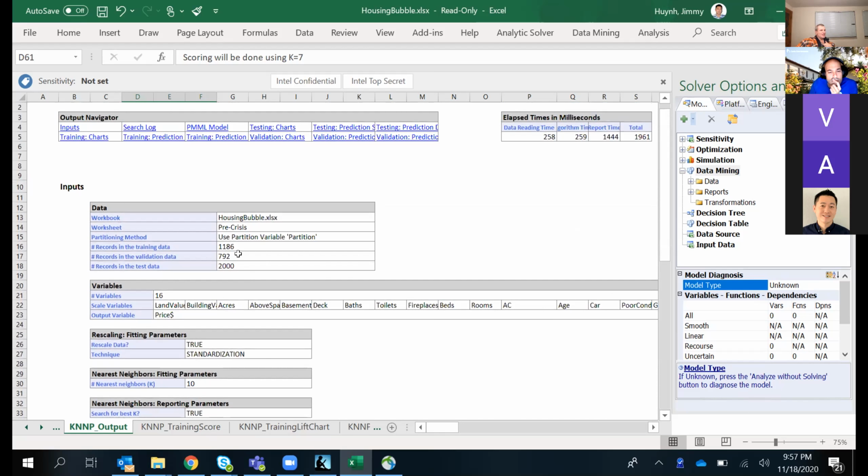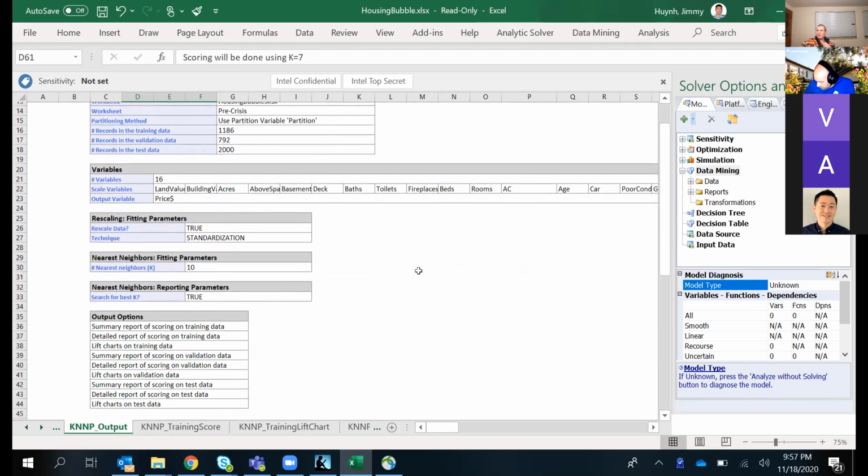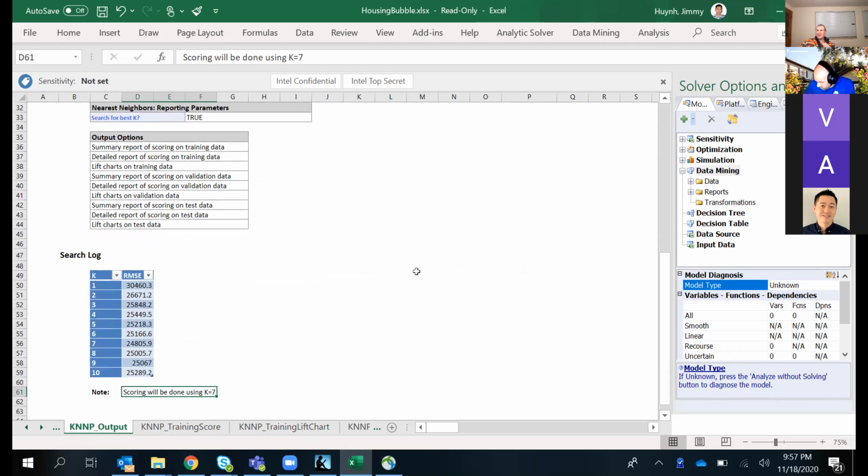Okay, so when we go into the input, is that where you go? Hang on a second. Yeah, this is the input tab. So the instructions say using the K nearest neighbors with the value of K that minimizes RMSE on the validation set to predict sales prices of the houses in the test set, blah, blah, blah.